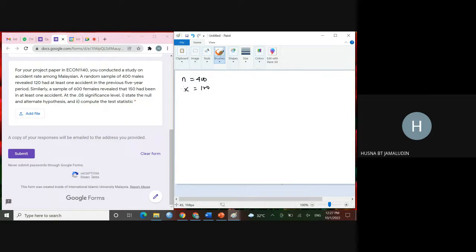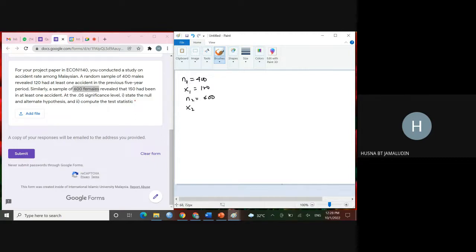Similarly, a sample of 600 females. Now you know that you have 400 males, and then you're comparing with 600 females. So you have 2 n's here. The first n is 400, the second n is 600. So instead of making you confused, don't just leave as n and x and n and x again. Label it: this is n1, this is x1, this is n2, and later on x2.